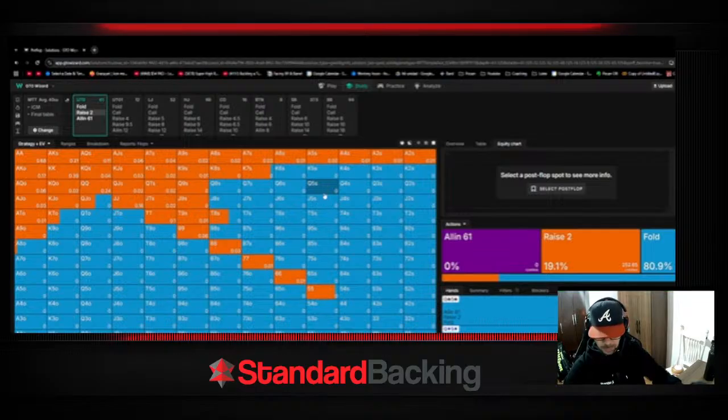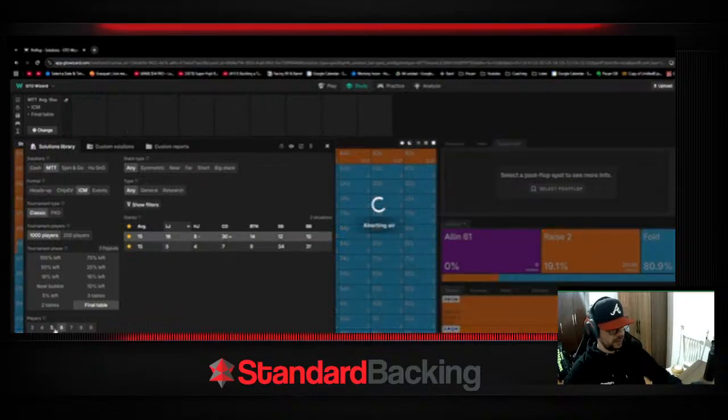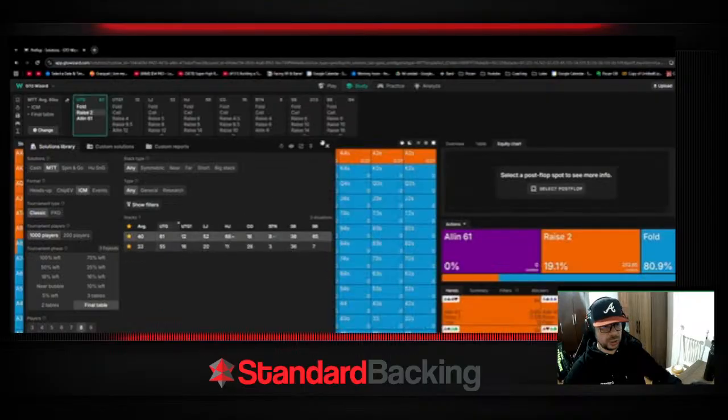So yeah, in today's lesson we're going to talk about ICM, the main drivers of our strategy. What I did in GTO Wizard is pick some spots with 8 left, with 6 left, with 4 left, and dive into some situations.